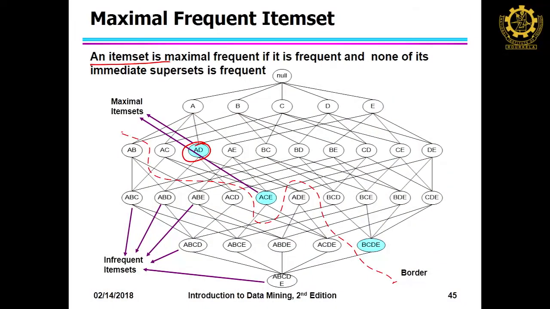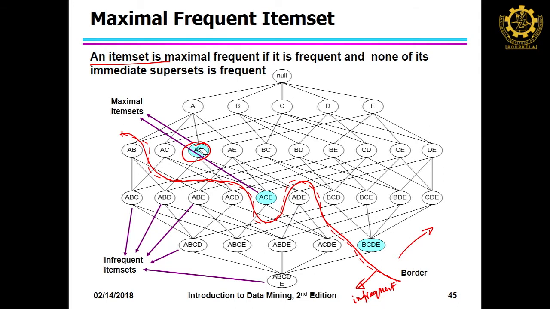The definition, as we said, is that a maximal frequent item set is a frequent item set and none of its immediate supersets is frequent. In this example, there is a line drawn here: above this line is frequent and below this line is infrequent.